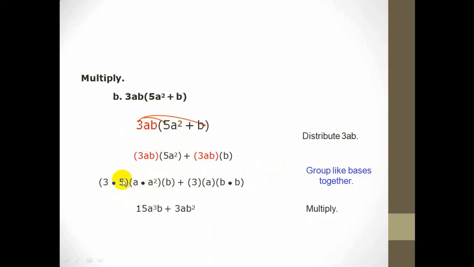Now group like bases together: 3 multiplied by 5, a multiplied by a square and into b, plus 3 multiplied by a multiplied by b multiplied by b. Now in this expression the base is the same, so keep the base the same and add the power. 3 times 5 is 15 and a multiplied by a square means a cube multiplied by b, plus 3 multiplied by a multiplied by b square.